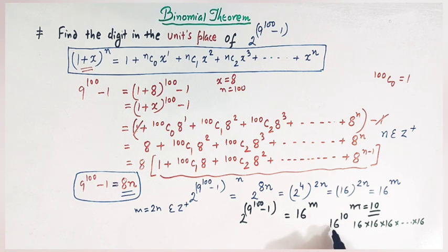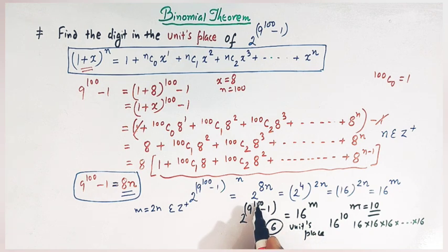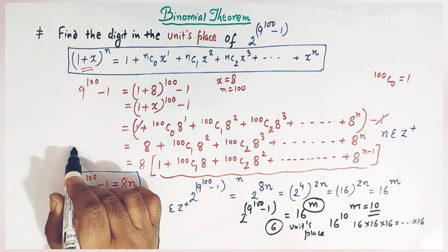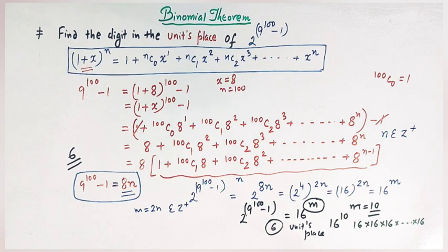So whenever 16 is multiplied any number of times, we always get 6 in the units place. So this number, 2 raised to (9^100 minus 1), is equal to 16^m, and whenever m takes any positive integral value, we always get 6 in the units place.